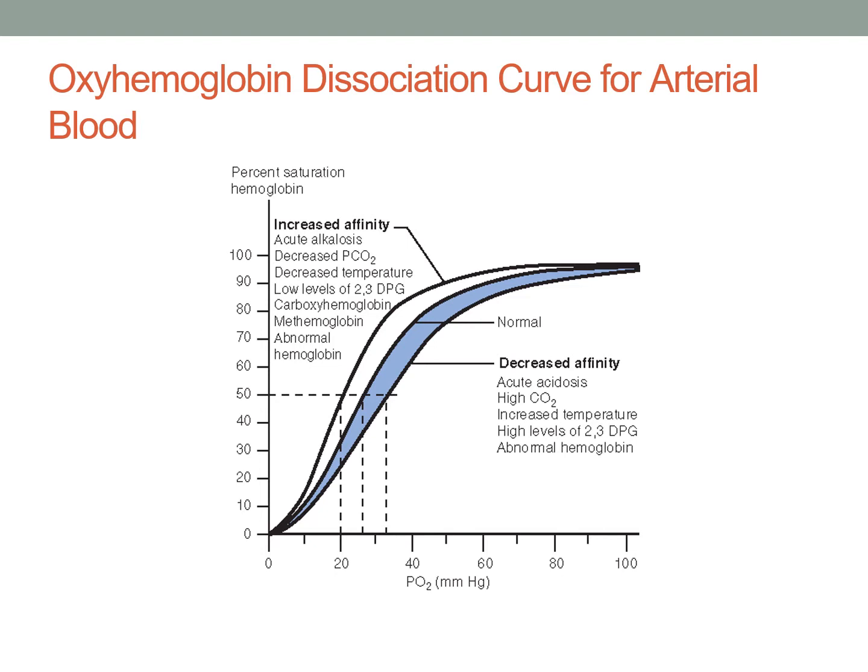And remember what shifts the curve right, that CADET shift right: high CO2, acidosis, DPG, exercise, which would increase your temperature, and then temperature, fever. Both are kind of related.